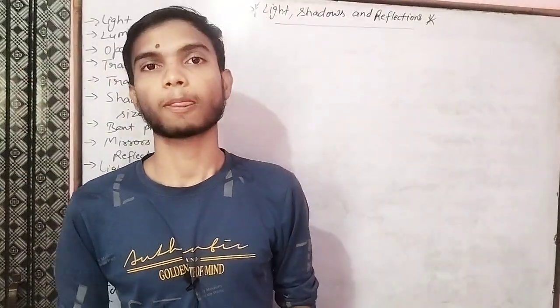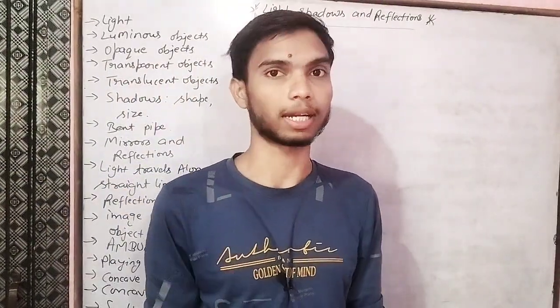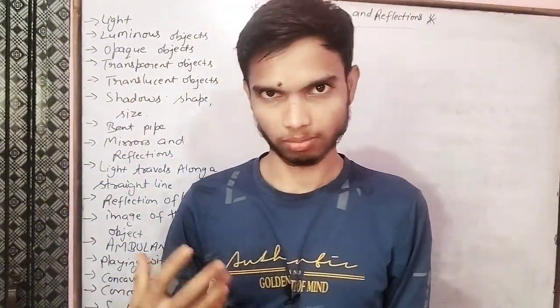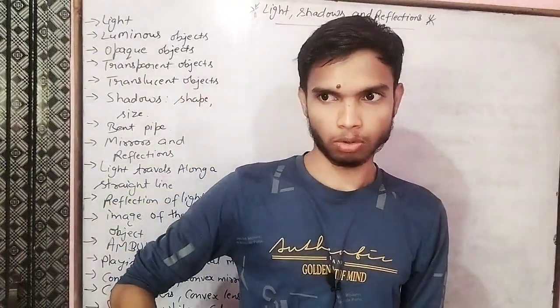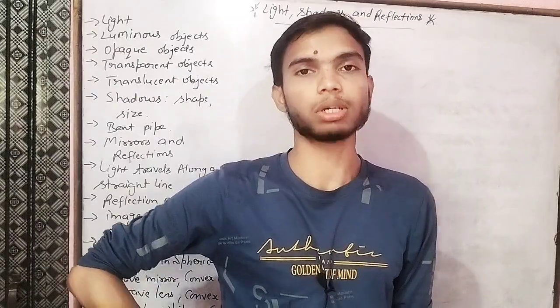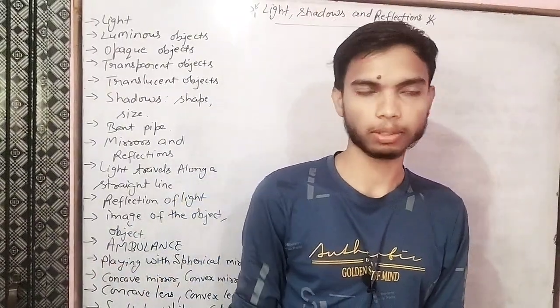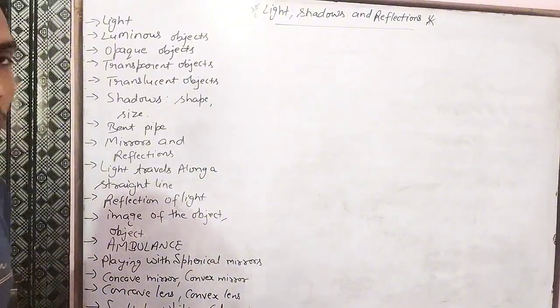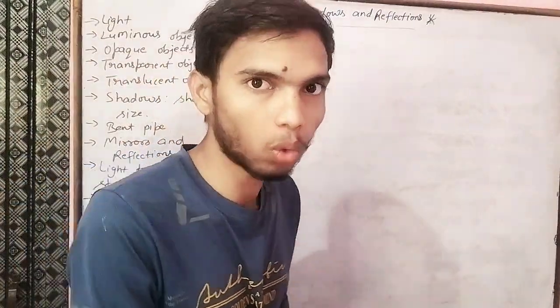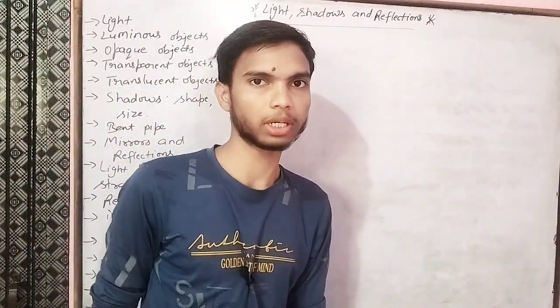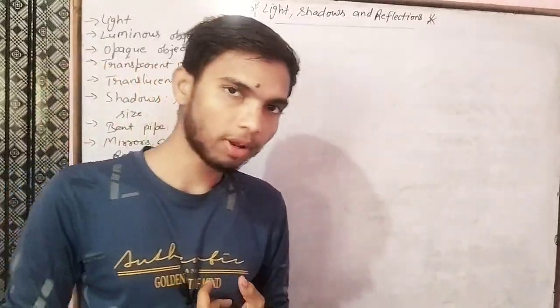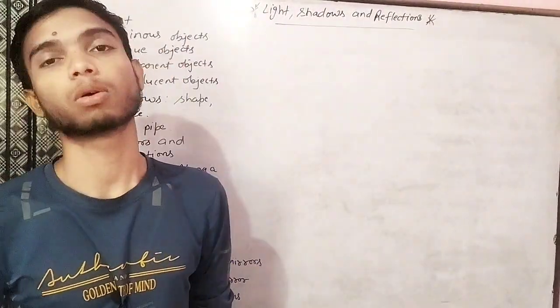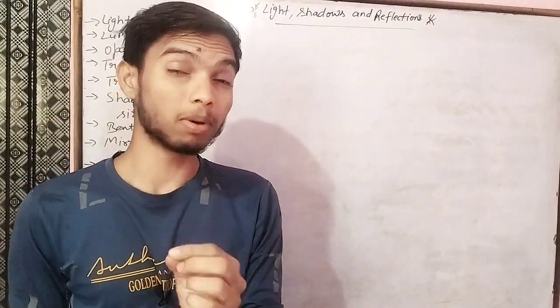The electric bulb also emits light. Emit means to come out from their own body. Are you ready? So the electric bulb will emit its own light. When will the bulb glow up?